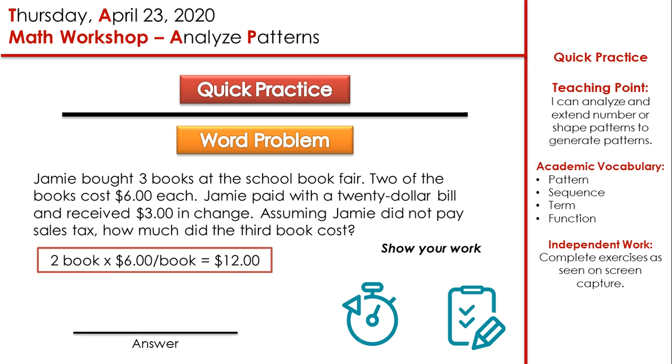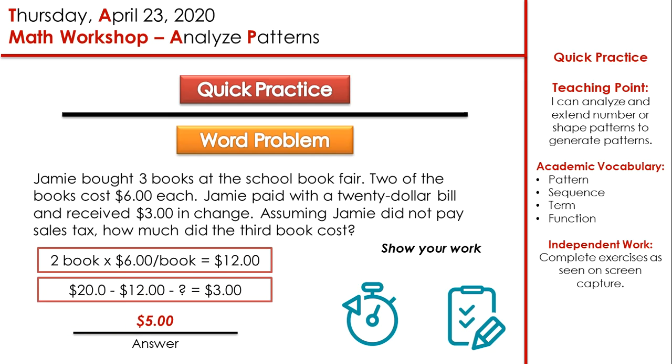Now, I still don't know how much money I spent on that third book, but I will keep on reading the word problem to come up with my second equation. Now, Jamie paid with a $20 bill and received $3 in change, which takes us to our next equation.